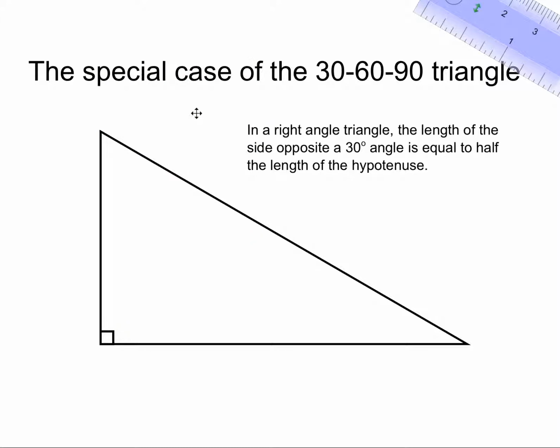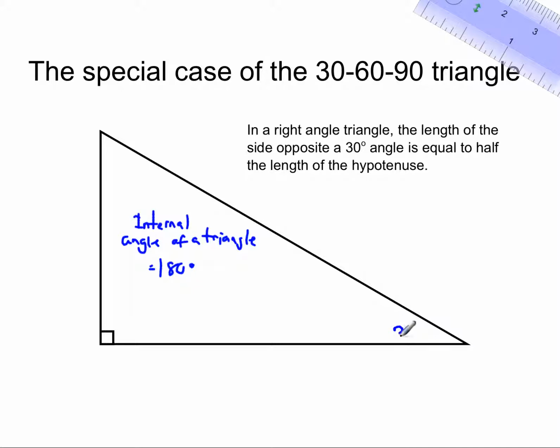So, we know that the internal angle of a triangle is equal to 180 degrees, meaning that if we added up the three angles of any triangle, they're going to add up to 180 degrees.